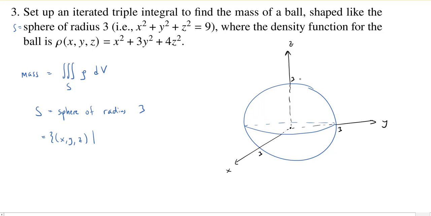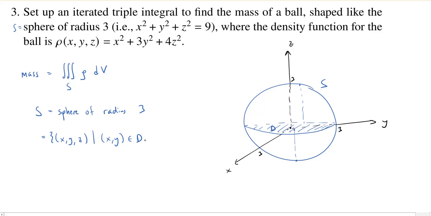If I do that, all of these points are going to go straight down into this disk in the xy plane of radius 3. Also things from down below will move up here as well. So all of the xy coordinates anywhere on this sphere live inside this disk in the plane, which we could call D. So the sphere is S, and D is just this disk in the middle.